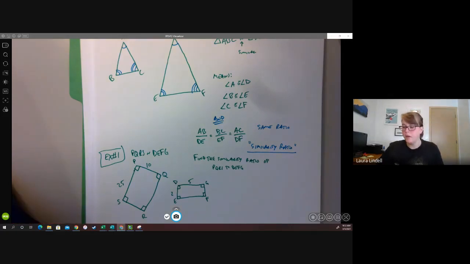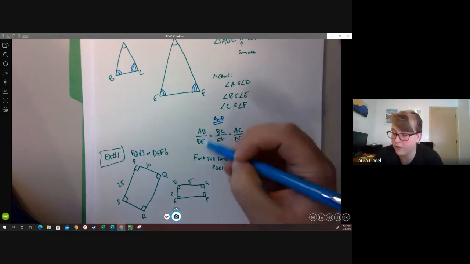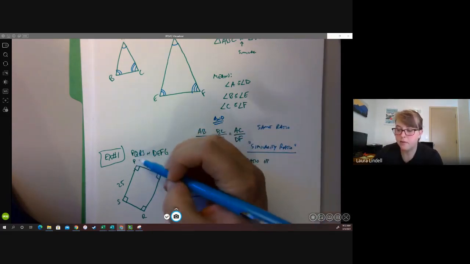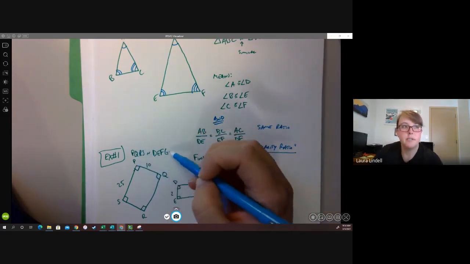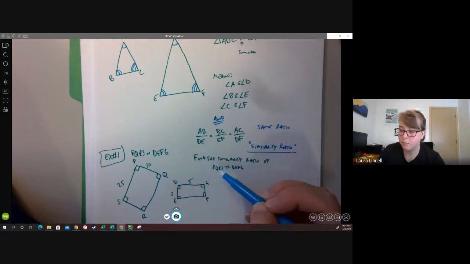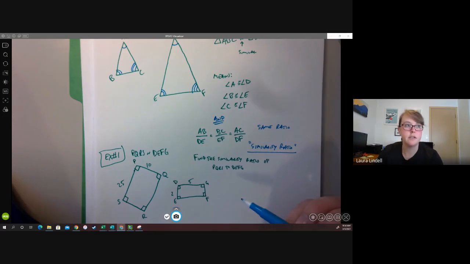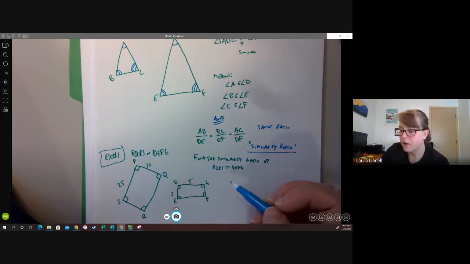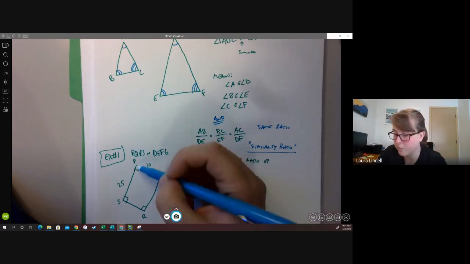Okay. So if we're going PQRS to DEFG, what we need to do is find one of these ratios of side lengths where we have a side from PQRS over a side from DEFG, because PQRS comes first. So if I'm looking PQRS to DEFG, the side on PQRS has to go on top. So in this case, I might use PQ.